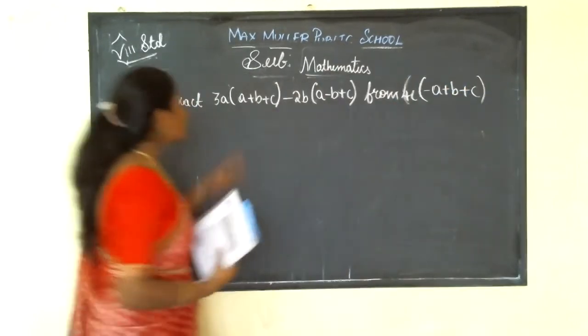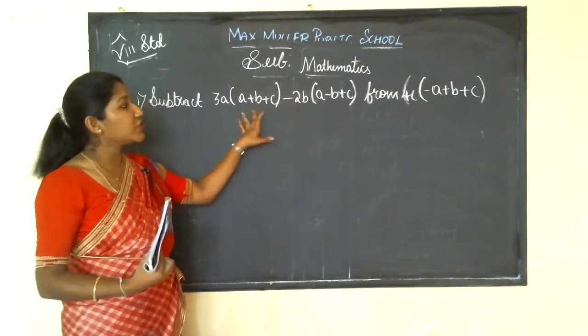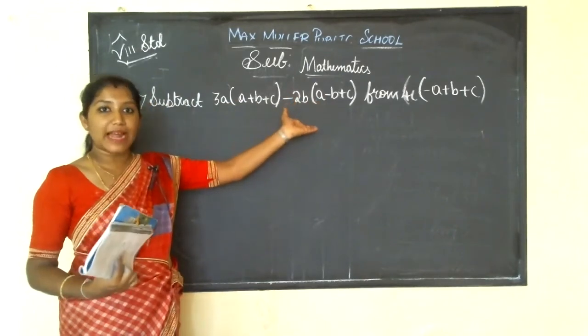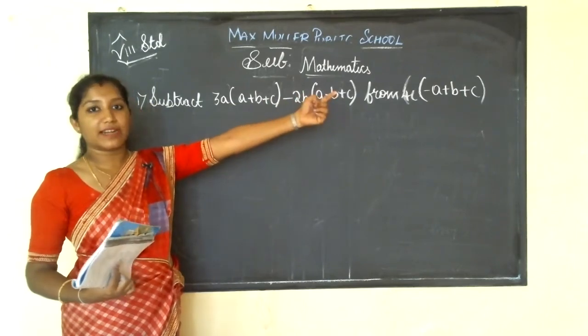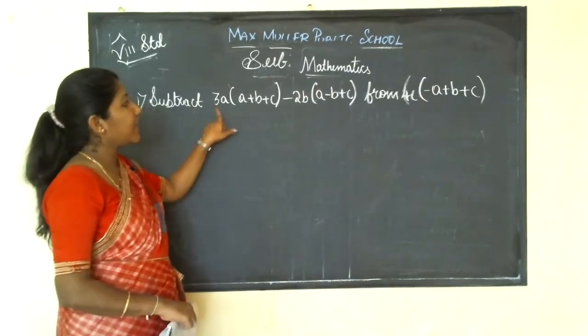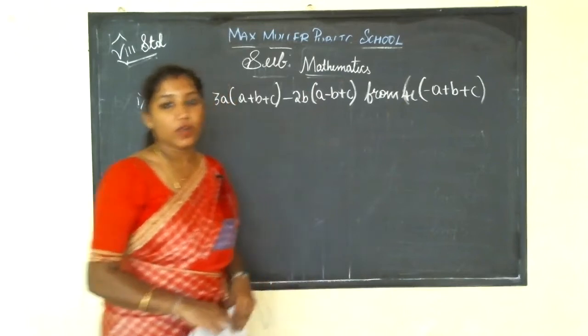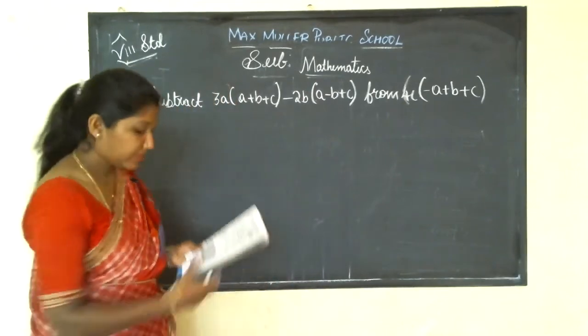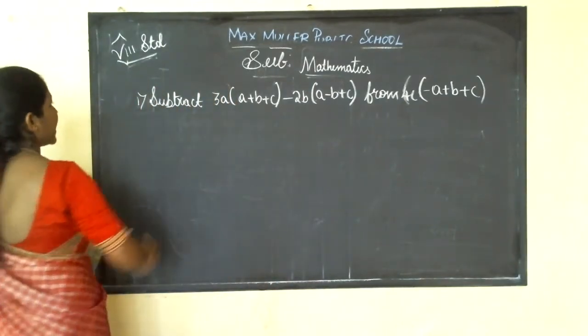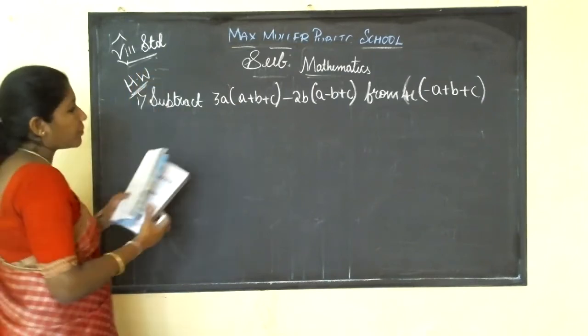Here there are 3 terms given. First, take the product for these two, and later from that product you have to do that thing. Okay. First thing, you have to multiply each term with 3a here, with 2b here, and there with 4c. No need to explain, I think, much. This will be your homework problem.